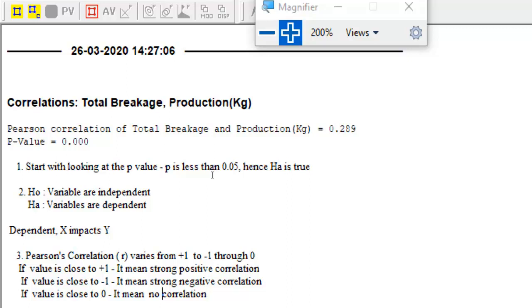Sir, actually here the p-value is less than 0.05, so then we consider that yes, it is impacted, meaning we are not saying which one is impacted to whom, but yes, it is impacted. But if we look at the value of r, that is near to 0 actually. So we will not say variables are dependent or impacted. Let's say that they are related, yes. Correct. So I will say very small correlation. In that case, we can take the decision.